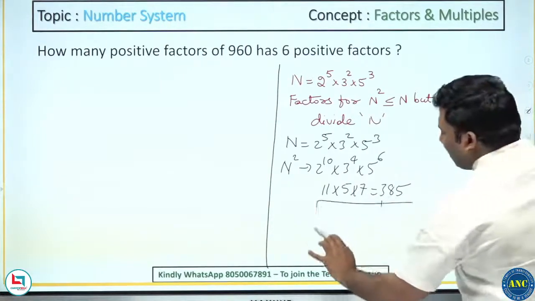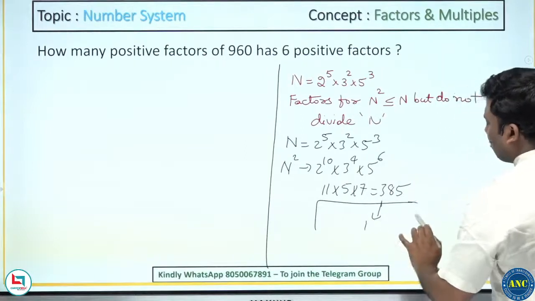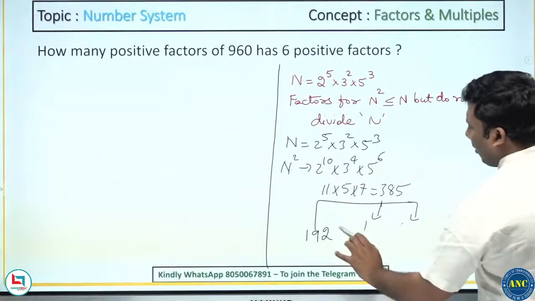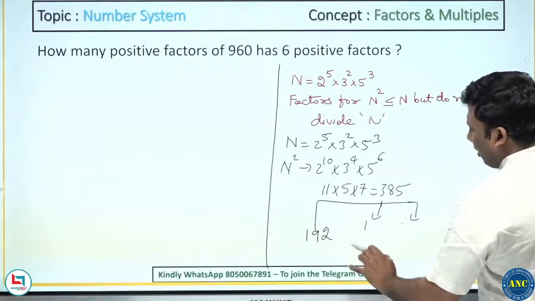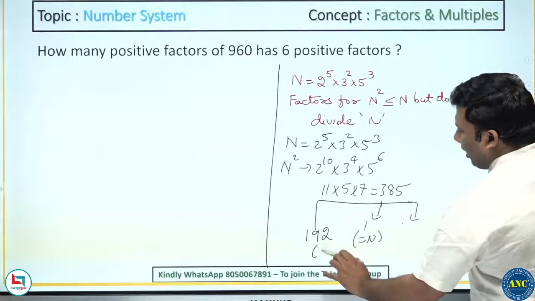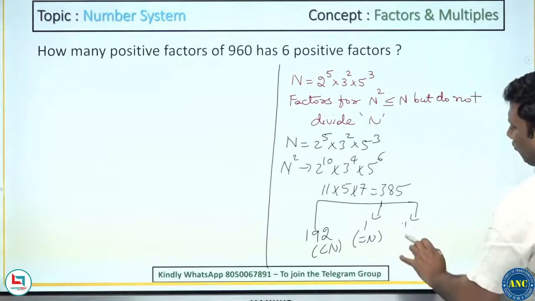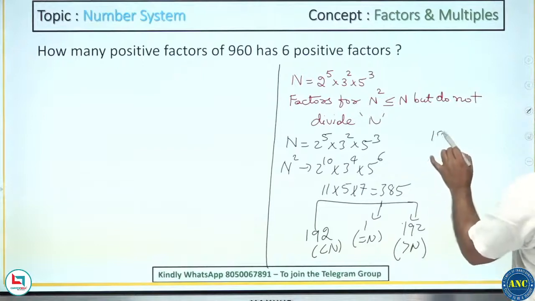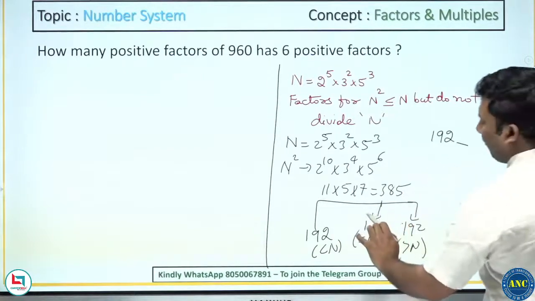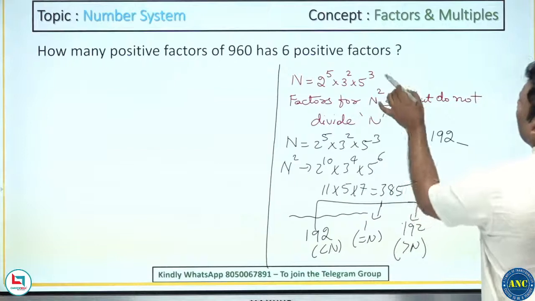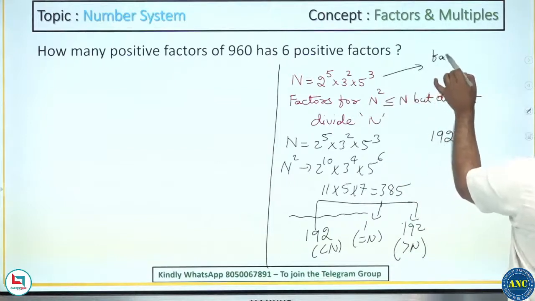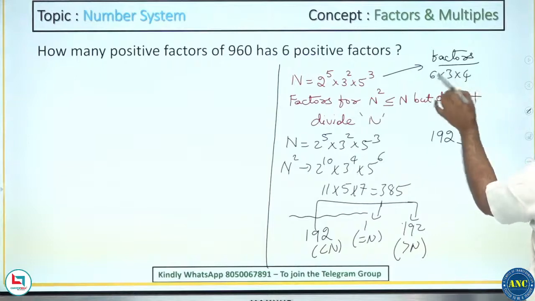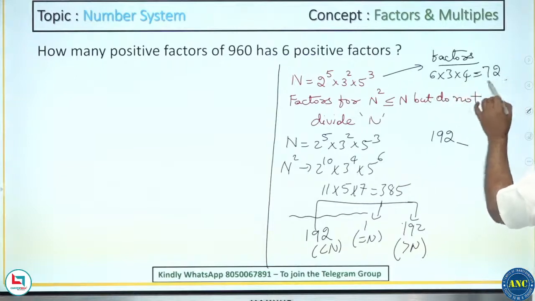385 factors are there. One factor is equivalent to n. Remaining is 384, half of which is 192. 192 less than n, 192 greater than n. Are you all with me? In that 192, how many factors are just less than n? Totally, how many factors will be there for n? 6 into 3 into 4, which is 72.